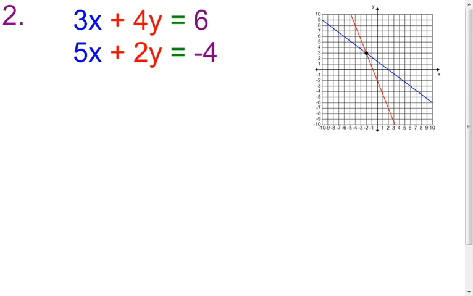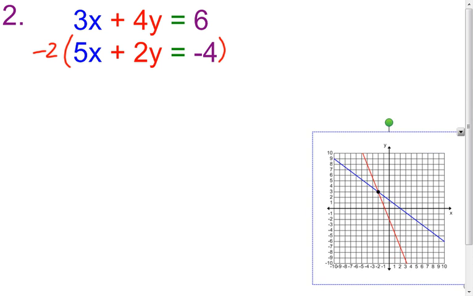So I need to think about what I can multiply my bottom equation by to turn that 2y into negative 4y so that it cancels out with the 4y in the top equation. And I would want to multiply that bottom equation by negative 2. When you do that, you need to multiply the whole entire equation by negative 2, okay? So I am going to move this down.